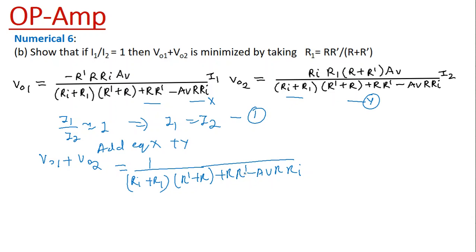This denominator is the same. Now we take out this denominator, and then what we get is minus R dash into Ri into AV plus Ri R1 into (R plus R dash) into AV.